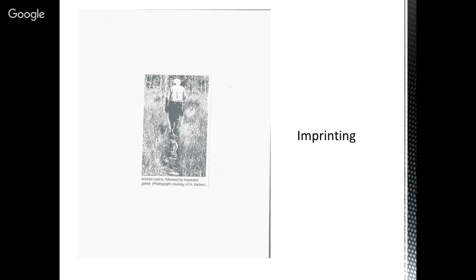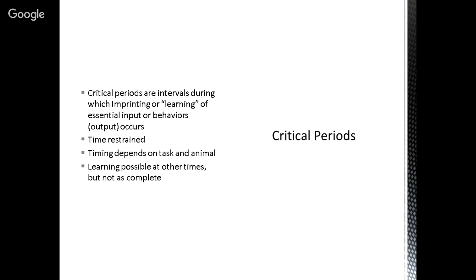So it's an example of an acquired behavior that is triggered at a particular time and by a particular situation, a learning behavior. The critical period comes into play with a lot of these behaviors that have been dissected and analyzed.